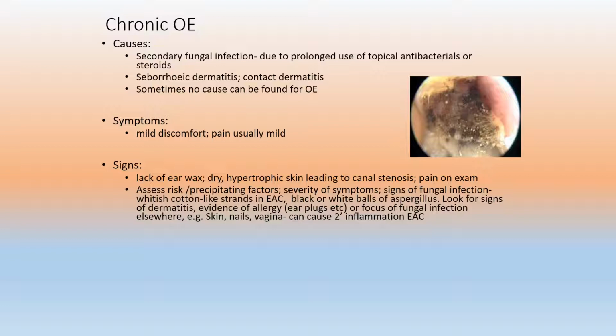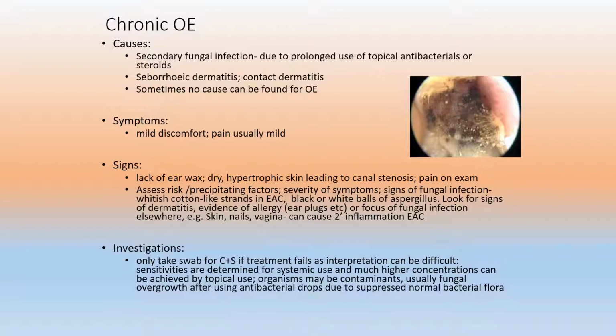Assess risk and precipitating factors, and severity of symptoms. Signs of fungal infection: whitish cotton-like strands in the EAC, black or white balls of Aspergillus. Look for signs of dermatitis, evidence of allergy, earplug, etc., or a focus of fungal infection elsewhere, for example in the skin, nails, or vagina, which can cause inflammation of the external auditory canal.